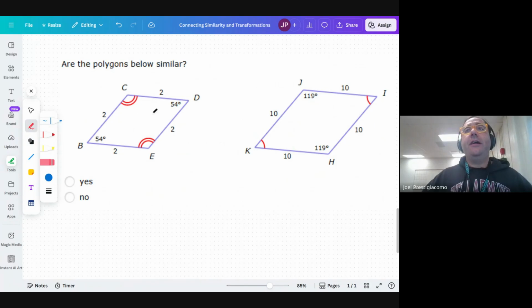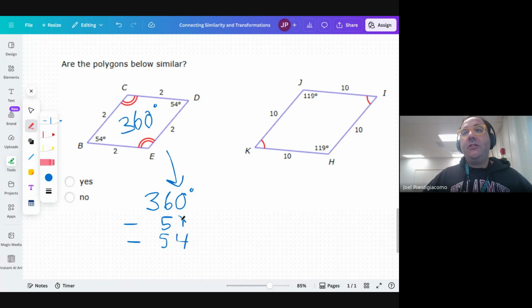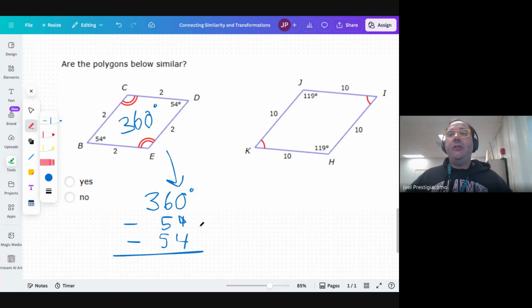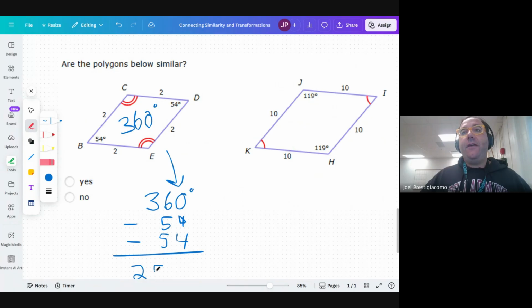What we're going to do is figure out what is missing here. I'm going to look at my first figure and say, okay, because it's a quadrilateral, the whole shape should have 360 degrees. If I take away two 54-degree angles, that's 54 plus another 54, which is 108 together, so I should have 252 degrees left over.